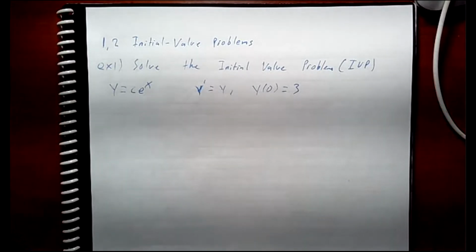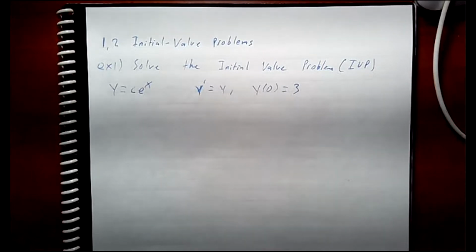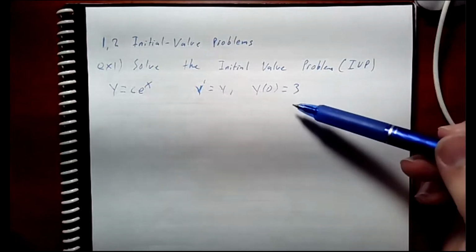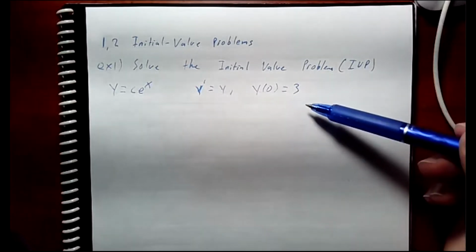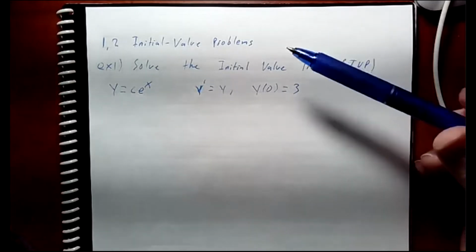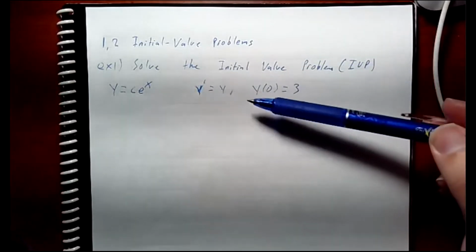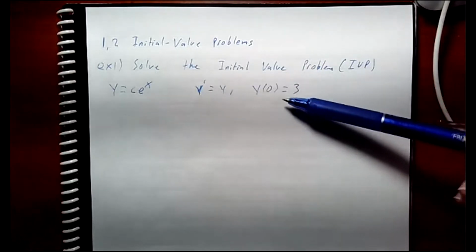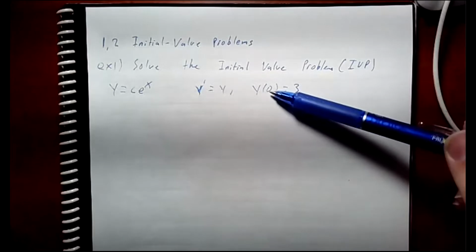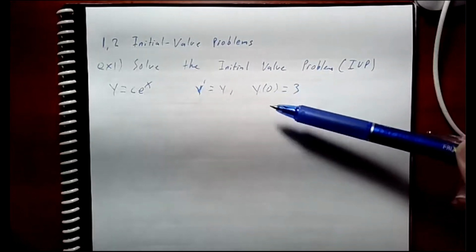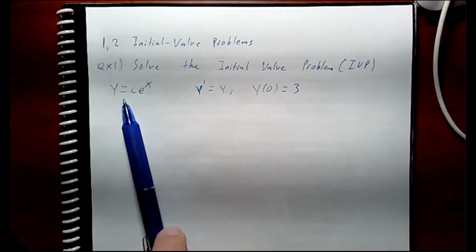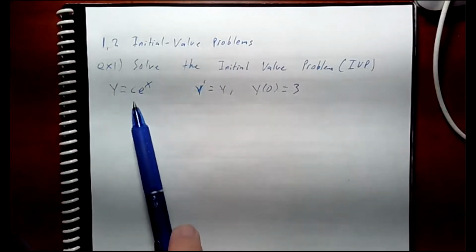Now, given this initial value, we're saying that at y of 0, we have 3. Eventually, these types of differential equations will be determined by some real life temperature, time, whatever. That'll help you solve and give you a specific function. Because right now, C can be anything. So it's really like a family of solutions.